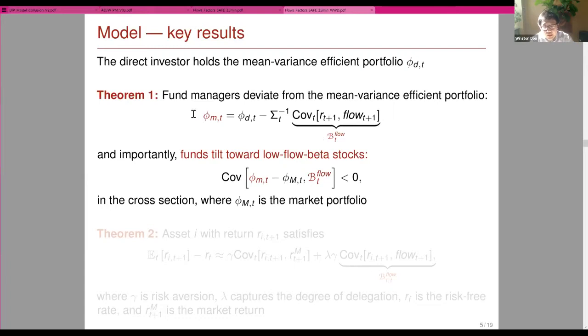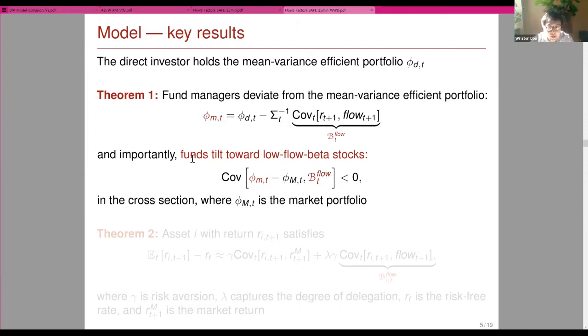So you can see this is a fund manager's optimal portfolio holding, phi m, meaning manager t, and this is the mean variance efficient portfolio. This is the deviation. The portfolio tilt here stems from this covariance between asset returns and fund flows, and this is what we call the flow betas.